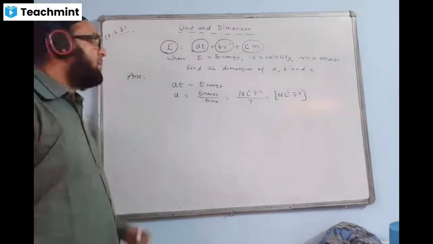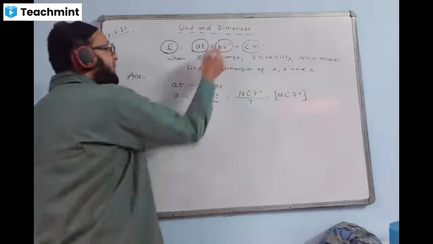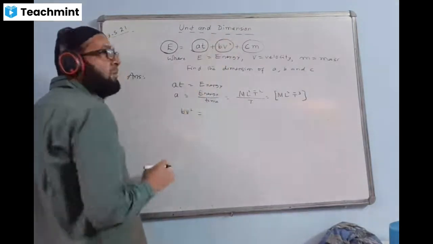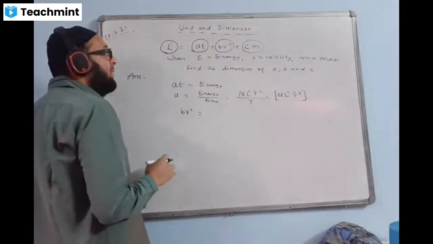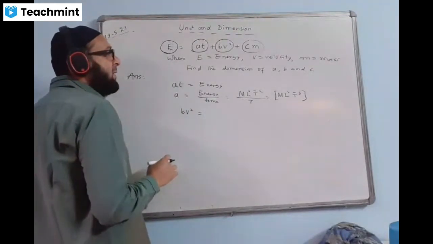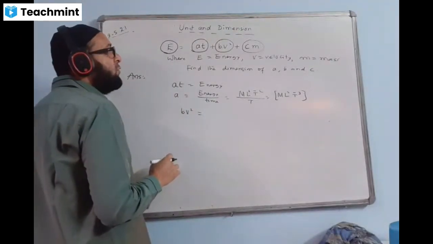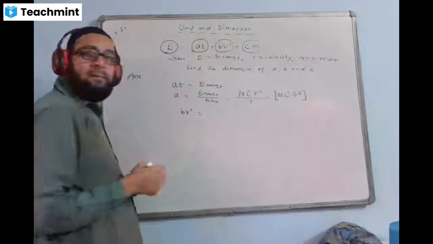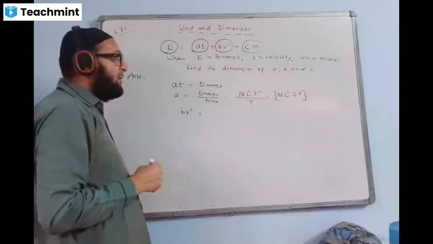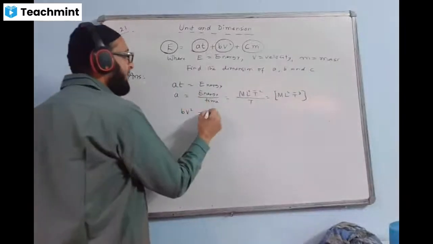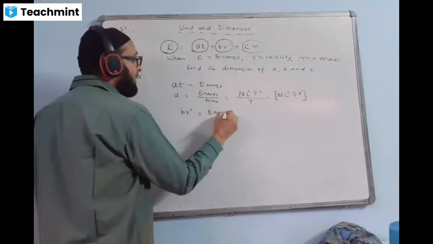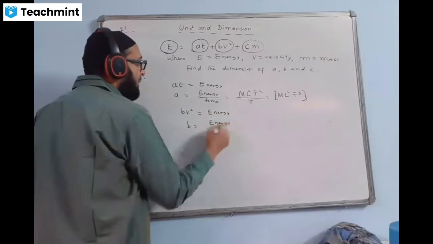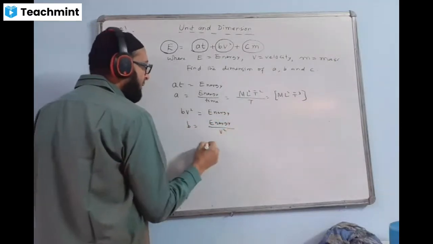Yes. Okay. Now, can we write BV²? Second part. What is the value of BV²? You can interact. BV² is what? This thing as a whole represents what? Energy. Yeah, write down energy. Can you do it now? Make B the subject of the formula. You can write here energy divided by V².